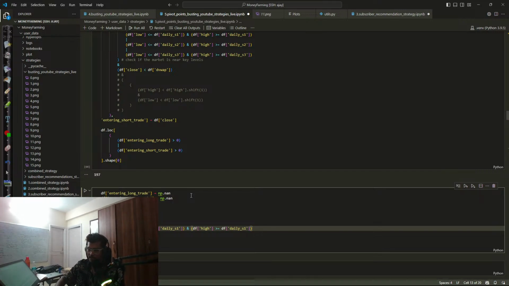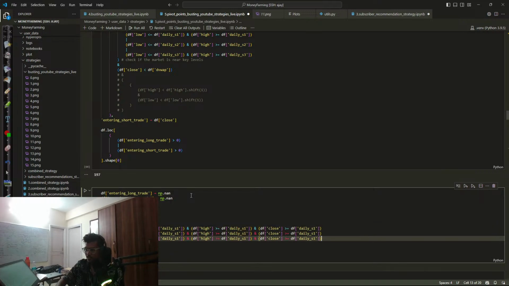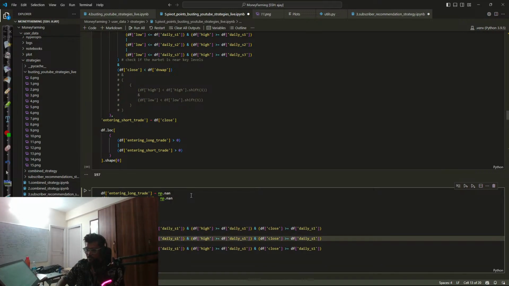So we got that. Now what I want is the close should be greater than daily S1. Now do the same thing for S2 and S3 as well.